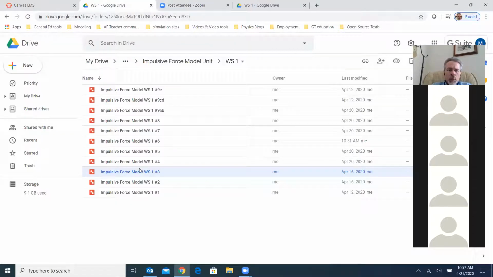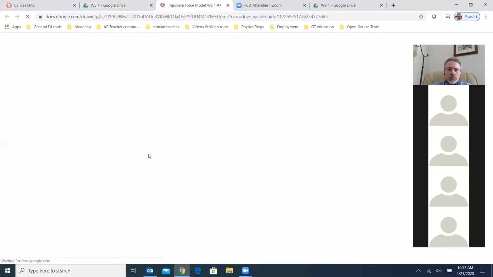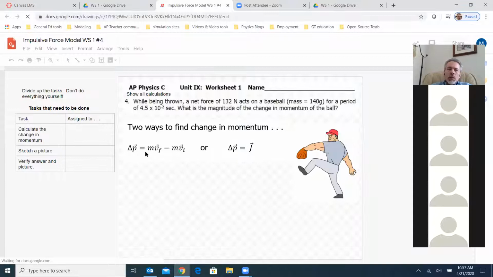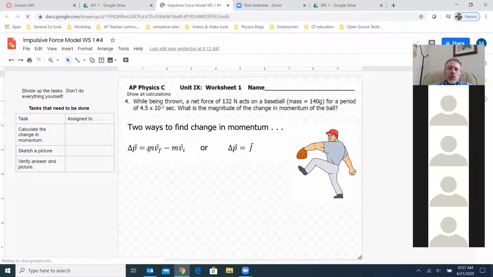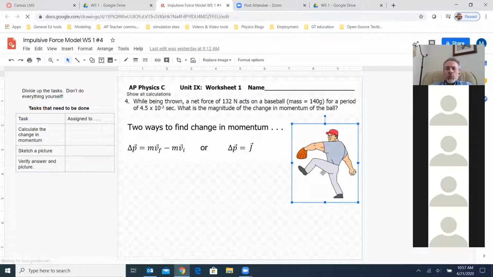So we are going to be whiteboarding problem number 4 on worksheet 1. I went ahead and copied a picture of somebody throwing this baseball so you can imagine what's going on.